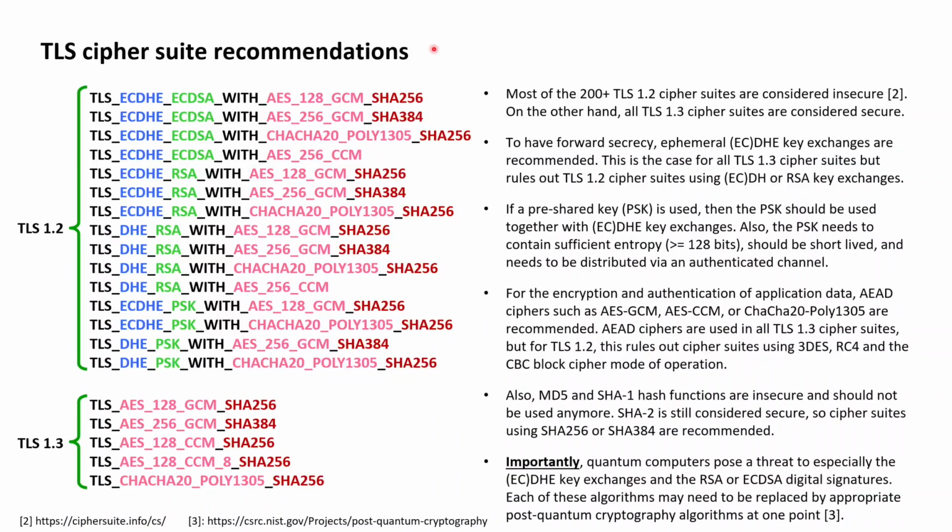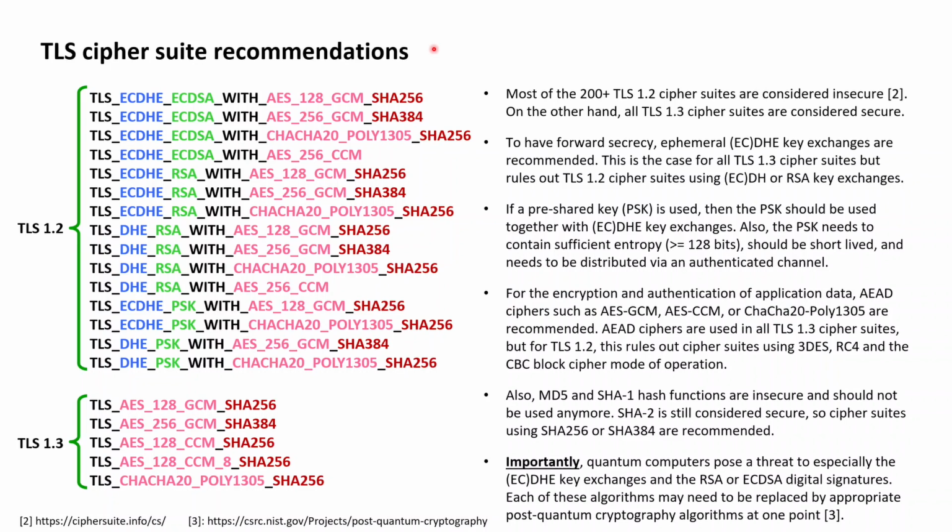With the last slide of this recap on TLS, transport layer security, and the last slide of this entire course, I would like to provide a baseline set of security recommendations on which TLS cipher suite to use.